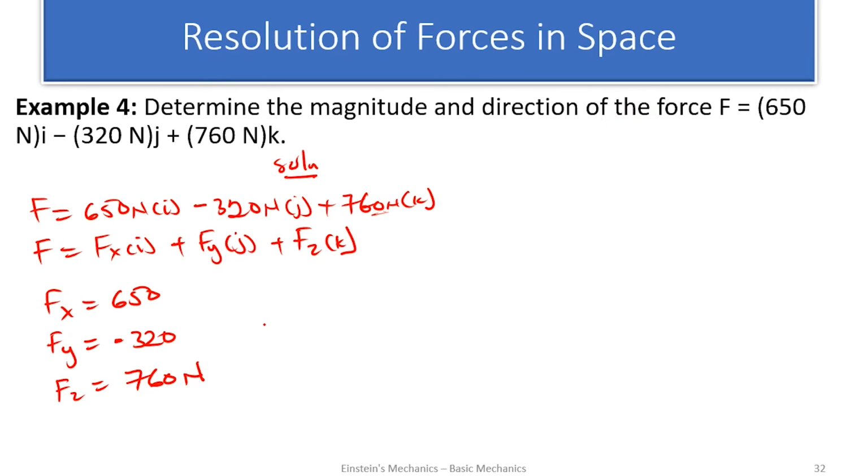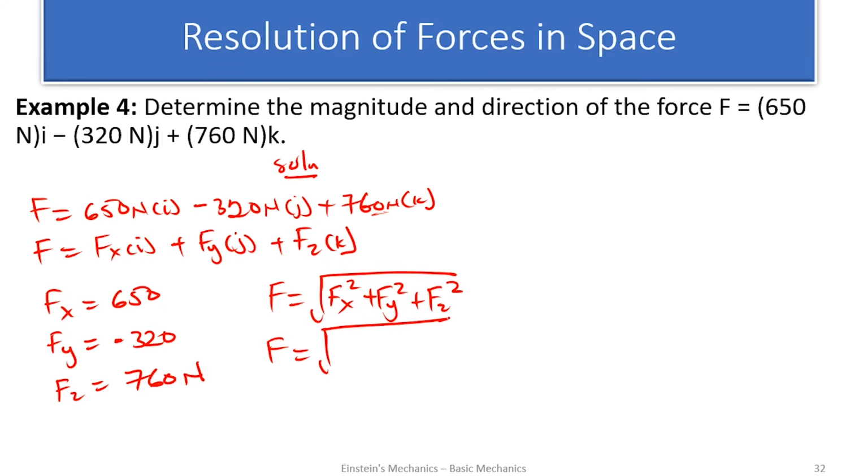Okay, so determine the magnitude of this F. We also know that magnitude of F is always the square root of f of x squared, f of y squared, and f of z squared. So f of x is 650 squared plus negative 320 squared plus 760 squared, and this magnitude is giving me 1050 newtons.